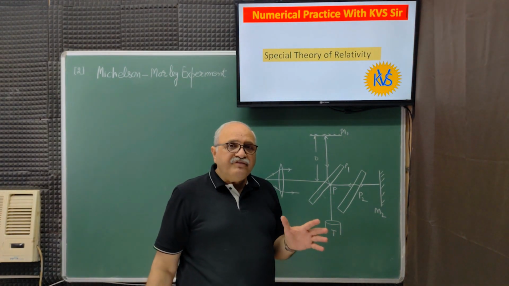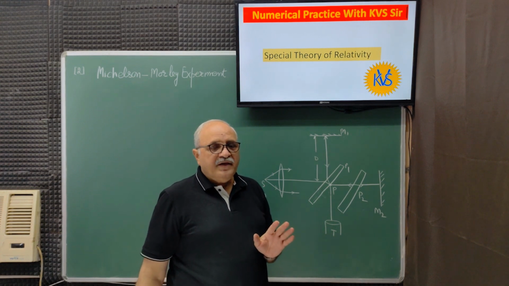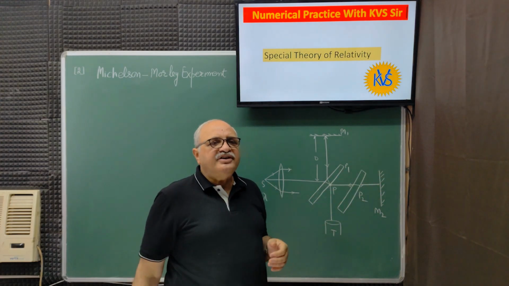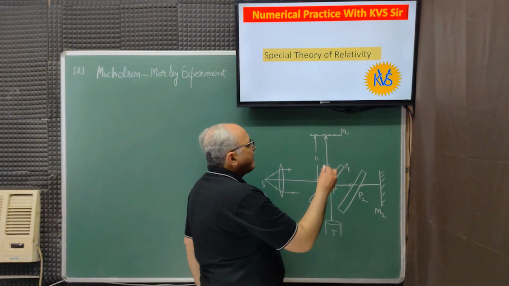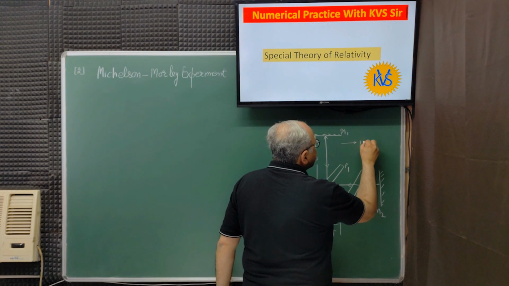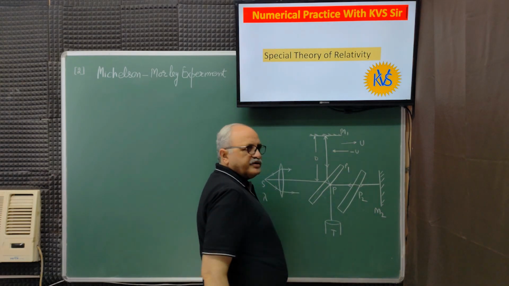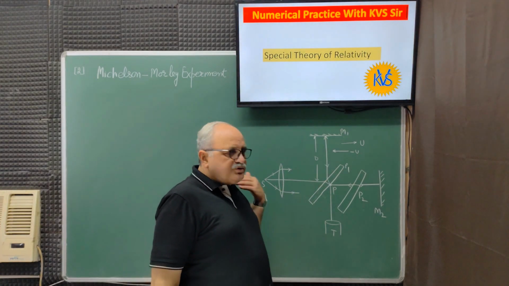Obviously, if there is a luminiferous ether, as if the whole luminiferous ether is moving, suppose we have the Earth's movement in this direction, then the luminiferous ether is assumed to be moving in the opposite direction like this.